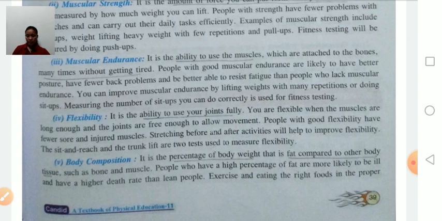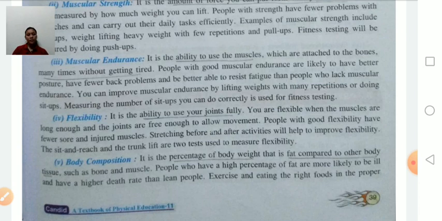Body composition is used to describe the percentage of fat, bones, muscles, and water in the human being. It is the percentage of body weight that is fat compared to other body tissues such as bones and muscle.